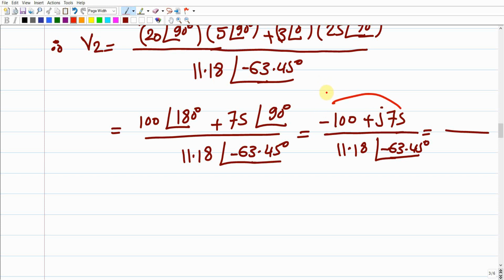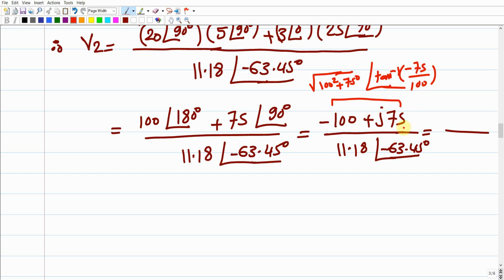This gives the square root of 100 squared plus 75 squared, and the angle is the tan inverse of the imaginary term, 75, first, divided by 100. So doing the calculations, we end up with this value.